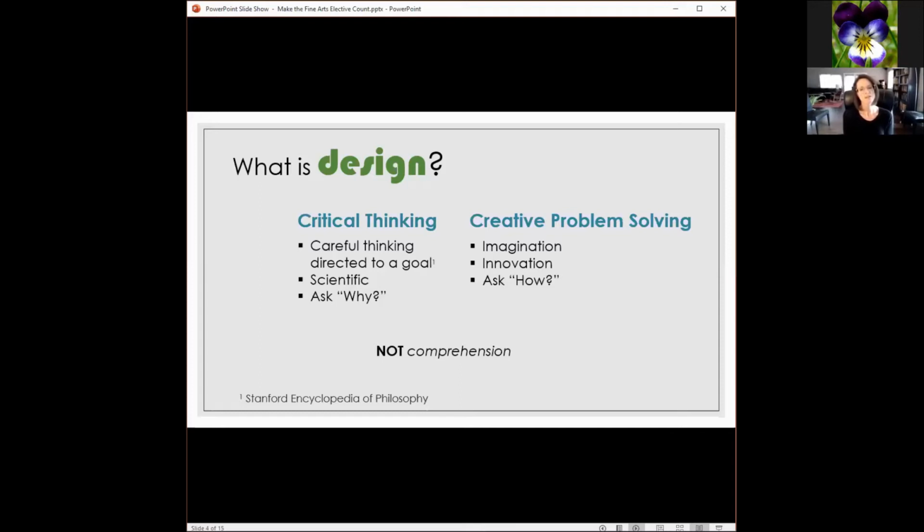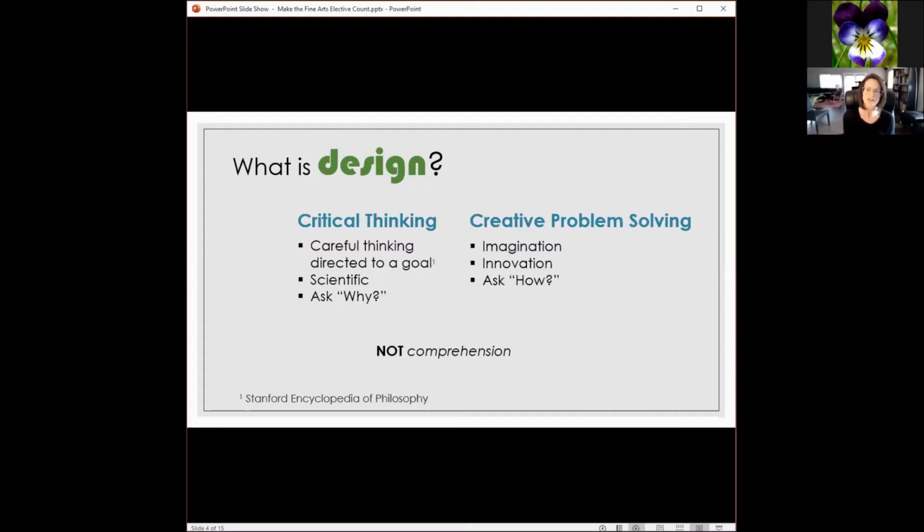So with design, you can see this as well, that when you're thinking about how to compose the parts of a whole, or to put things together in a pleasing composition, you're going to use your imagination. You're going to look at the problem and say, how can I do this in a way that hasn't been done before?